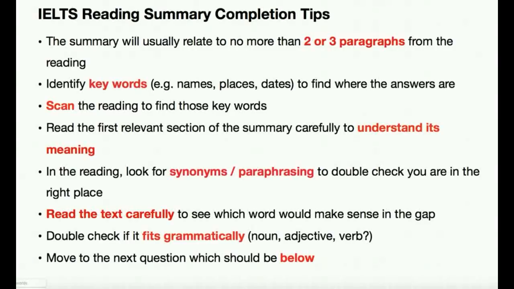Remember, what you'll often find is that the part where the answer is just a paraphrase of what you've read in the summary completion. So rather than thinking of it as a summarizing exercise, you can think of it as just a paraphrasing exercise. So you're identifying a part in the text which has been paraphrased from the summary.